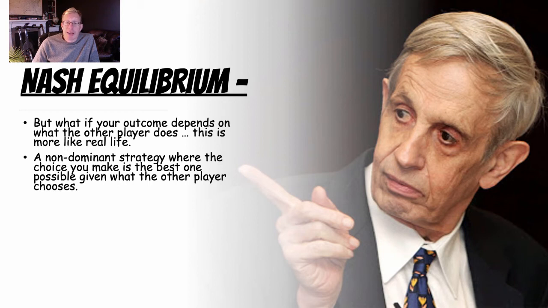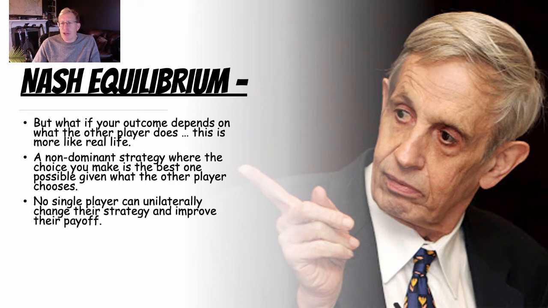So it is a non-dominant strategy outcome where the choice you make is the best one for you given what the other player chooses. So in this case, it could be a situation where the other player has a dominant strategy, but you don't. So you make the best choice possible given that they're going to follow their dominant strategy.